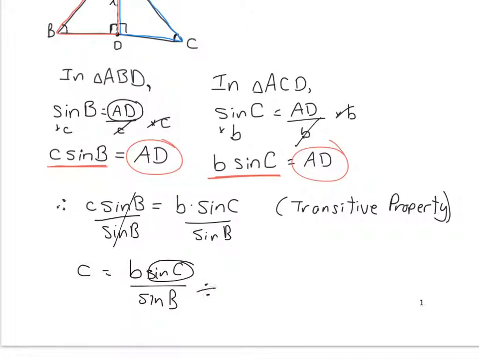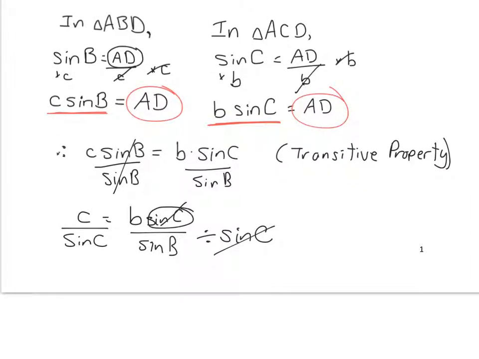To do that, I have to divide both sides by sine of angle C. Now to rewrite that, that leaves me with C over the sine of angle C is equal to B over the sine of angle B. So that's part of the sine ratio.